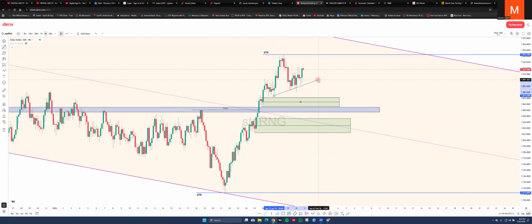We have two types of liquidity. We have trending liquidity, and we have same level liquidity. So this could be a form of liquidity to take out this market from here.